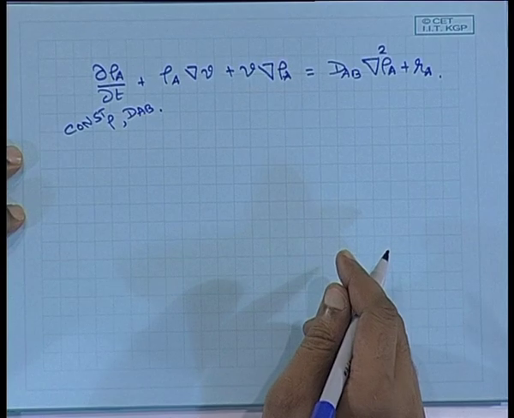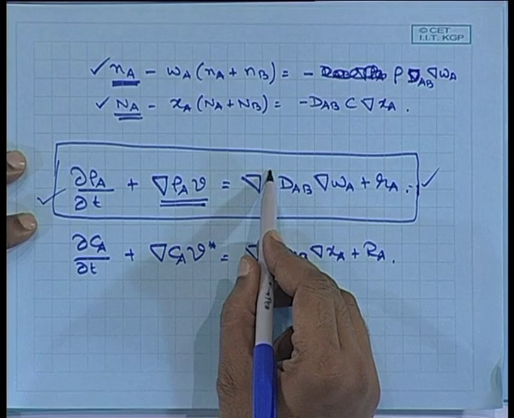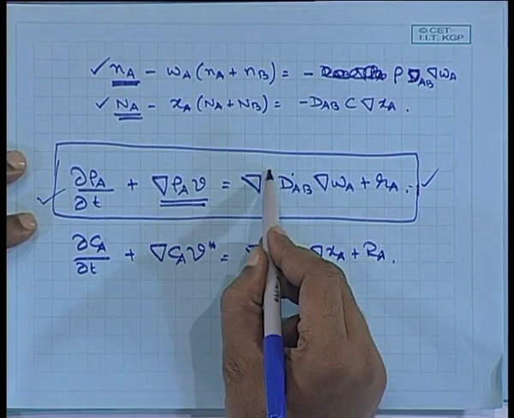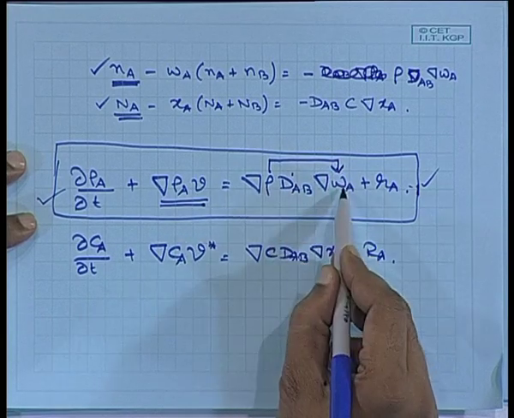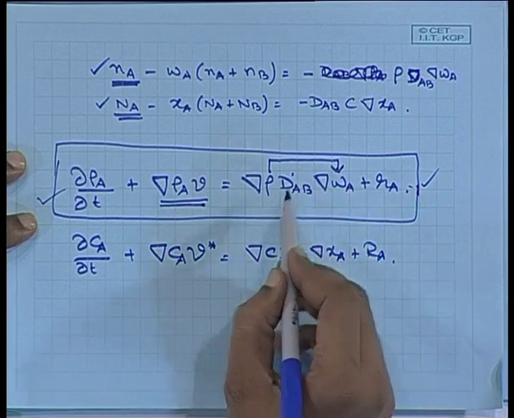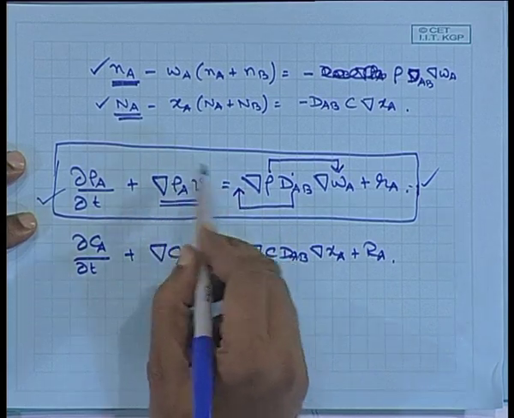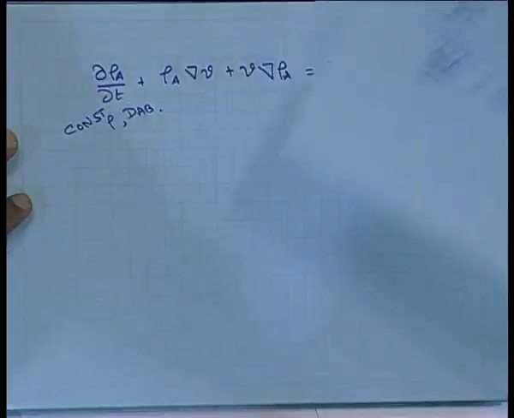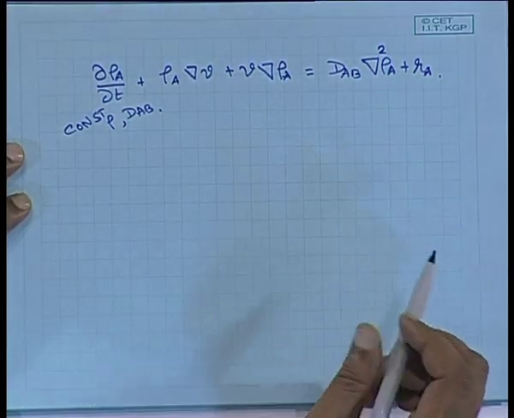If you compare it with the equation that I have written previously, if my rho is constant and dAB is constant, since rho is constant, I am taking it over here. So, rho times mass fraction is equal to rho A, and since dAB is constant, I am taking dAB outside and expanding this term, nothing else, which would give me dAB times divergence rho A. So, since it is a constant rho case, any simplification to this equation?